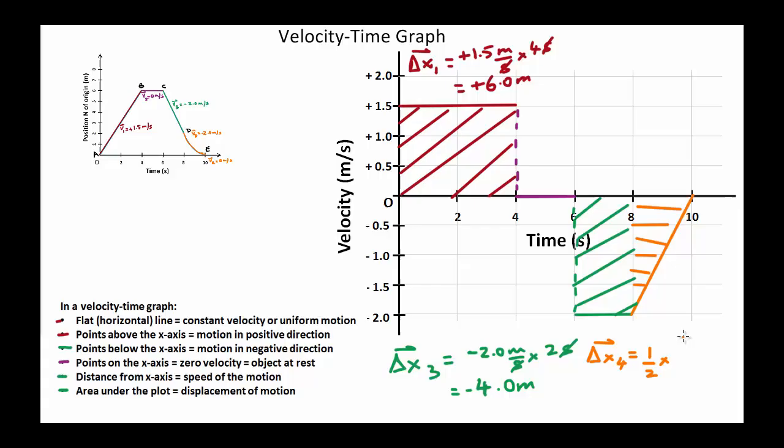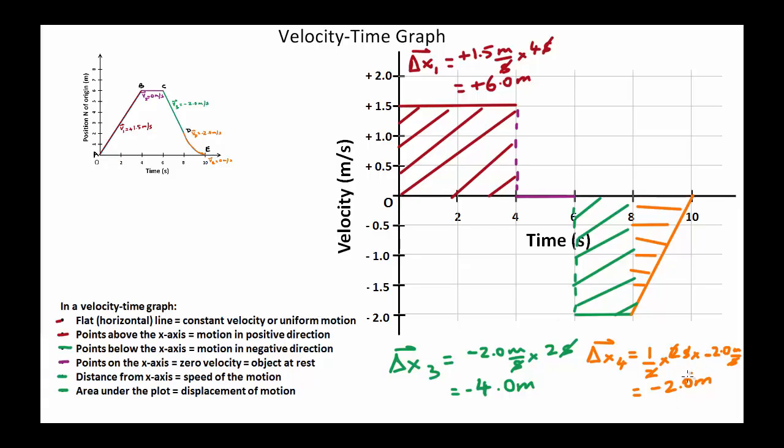So I got 1/2 times base, which is 8 to 10, which is 2 seconds, times height, which in this case is minus 2.0 meters per second again. Once again, the seconds cancel, one of these 2's cancel, and I get an answer of minus 2.0 meters, which corresponded to the very last segment going from 2 meters north of the origin to the origin was a movement of 2 meters in the southern direction, which we get from here.